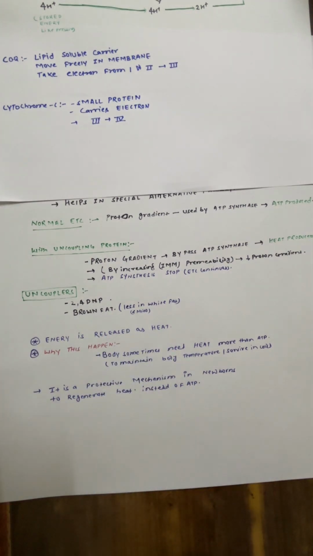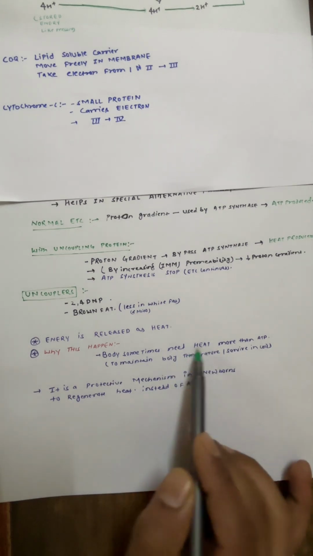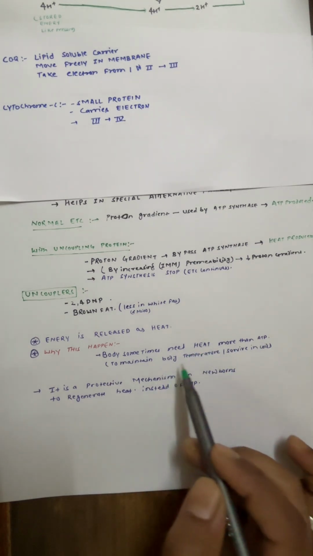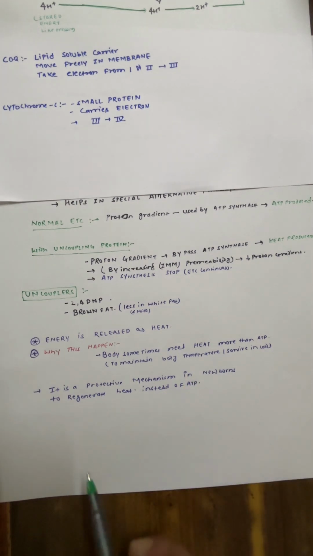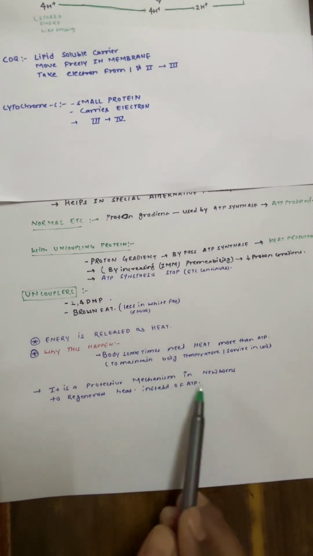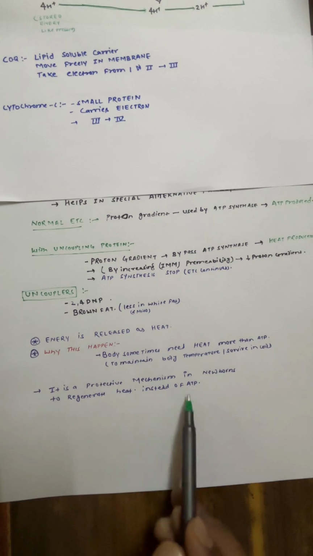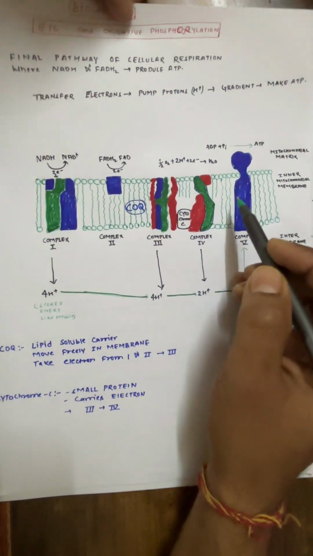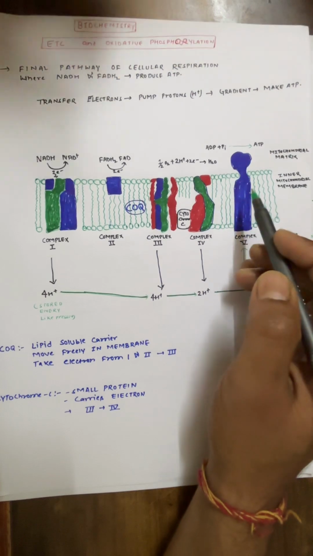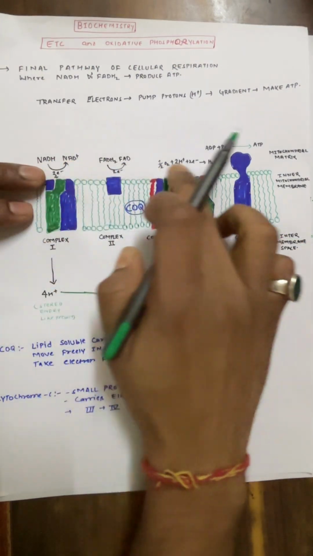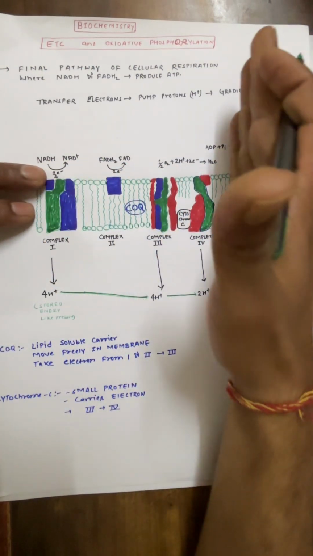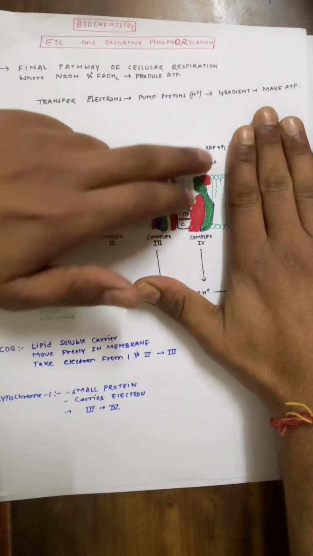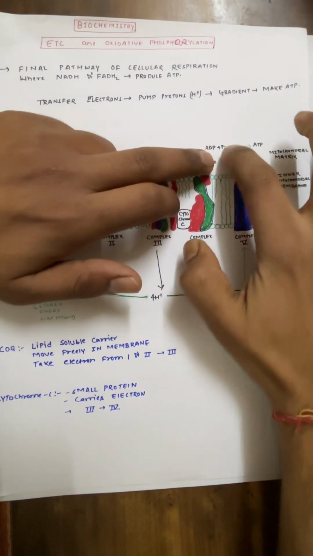Why does this happen? Because sometimes our body needs heat more than ATP, to survive in cold or to maintain body temperature. It is also a protective mechanism in newborns to generate heat instead of ATP. So when our body needs more heat than ATP, the electron transport chain continues, but at this step the electrons will not go and make ATP.